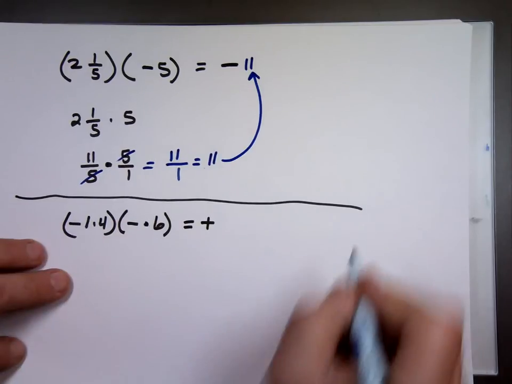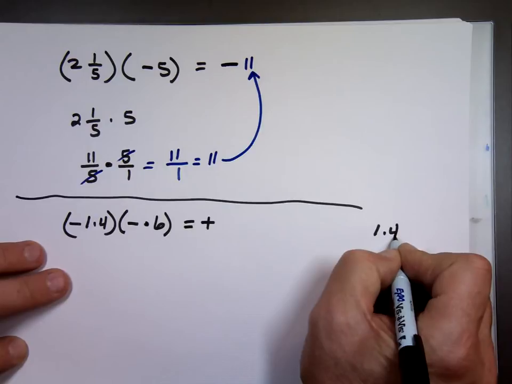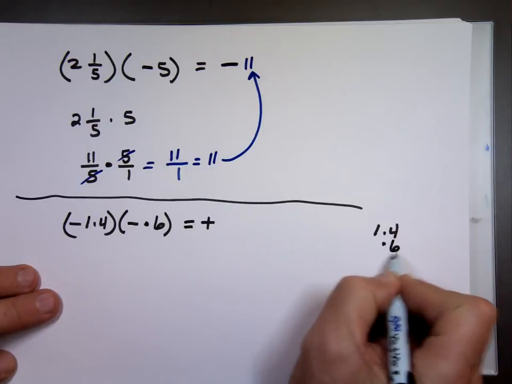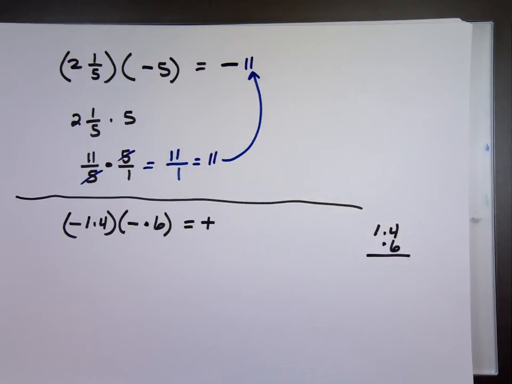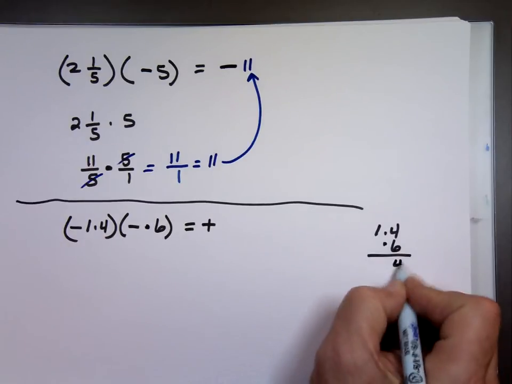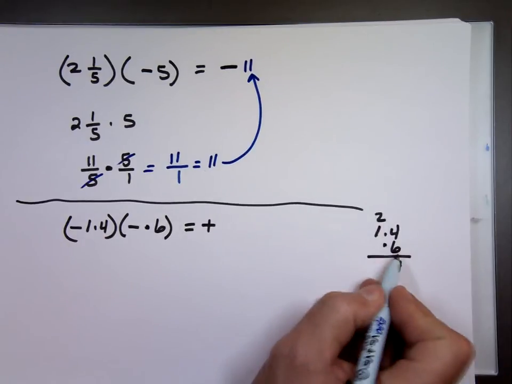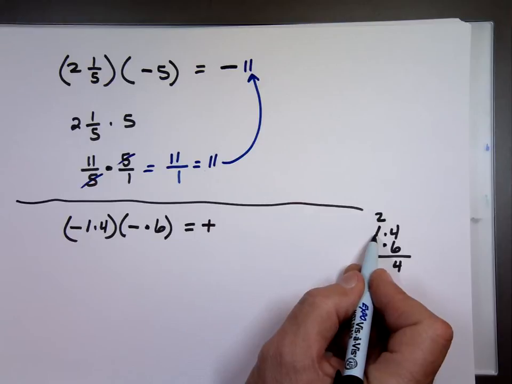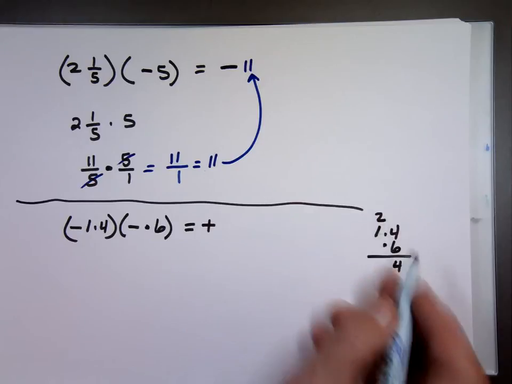So let me go to the side, 1.4 times 0.6. Six times 4, 24. 4 carry 2. 6 times 1, 6 and 2, 8.